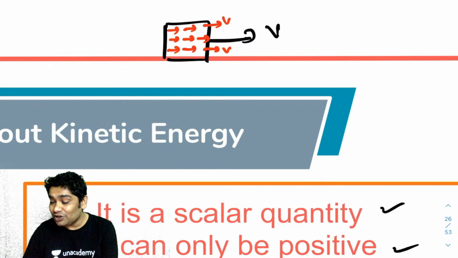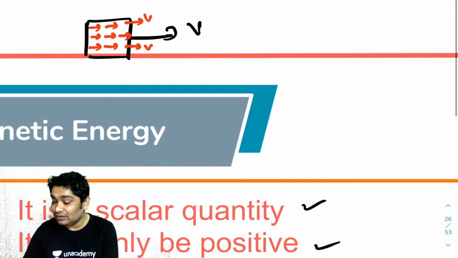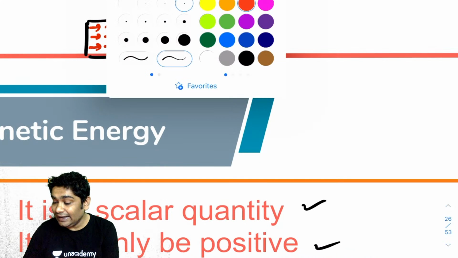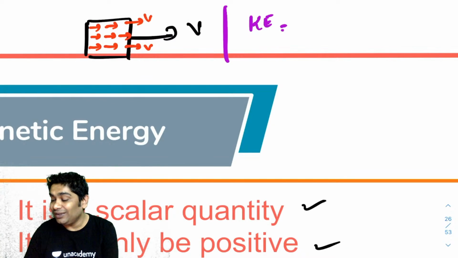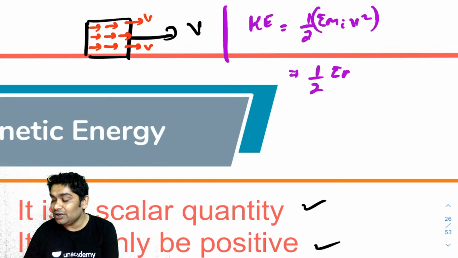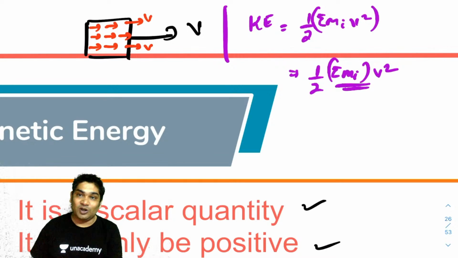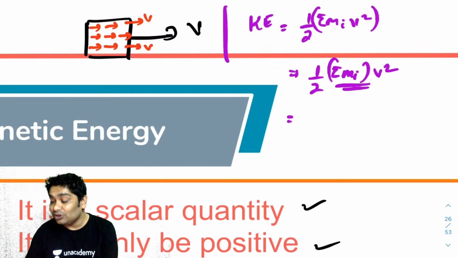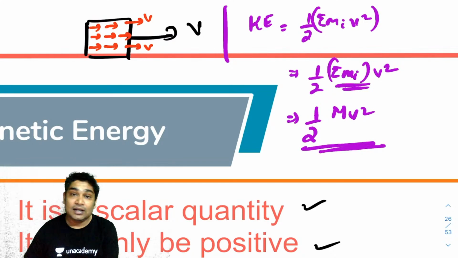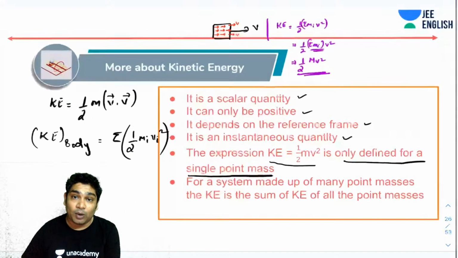So the kinetic energy of this system would have been half summation mi v square, and since v is constant, it would be nothing but half summation mi v square. And summation mi is nothing but the total mass of the object. And that is why for bigger objects also, you do use half mv square.